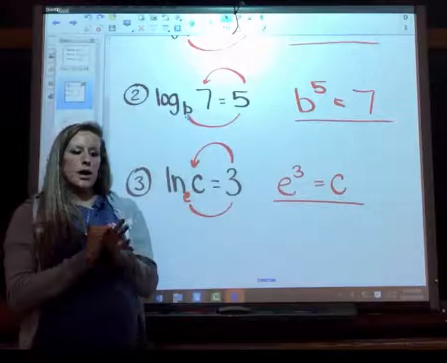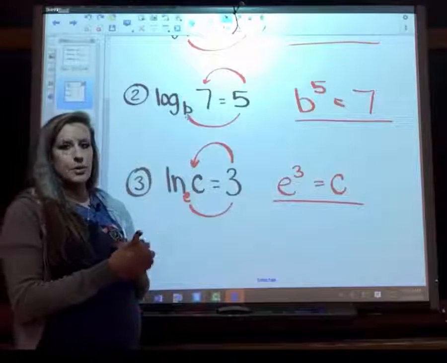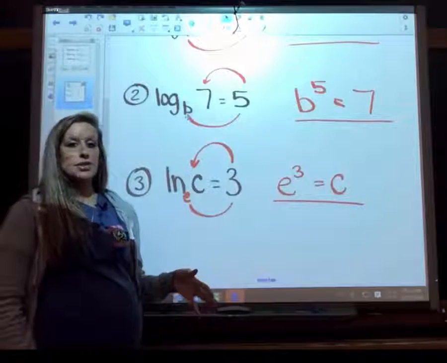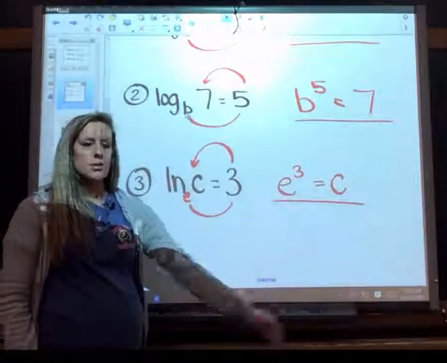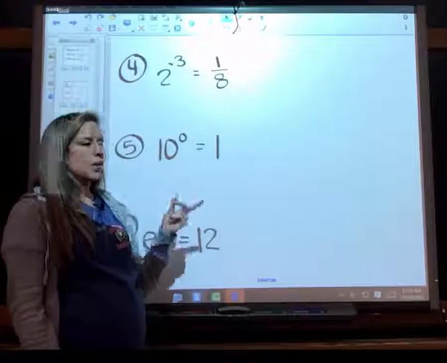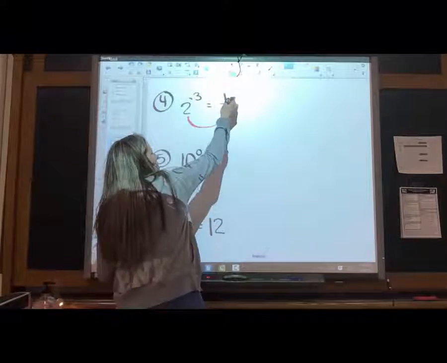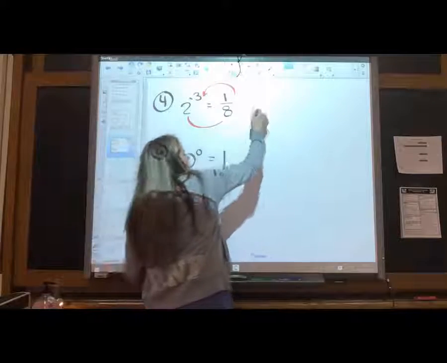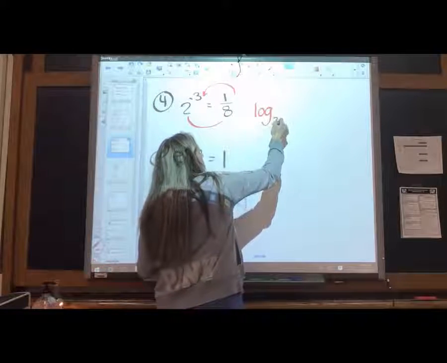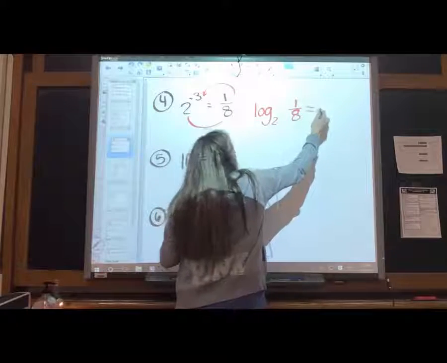The same works if you go the other way. So on the next three problems, if I start with exponential and move to logarithms, I'm going to start with the base and move counterclockwise. So start with your base and go counterclockwise. And this is going to be log base 2 of 1/8 equals negative 3.